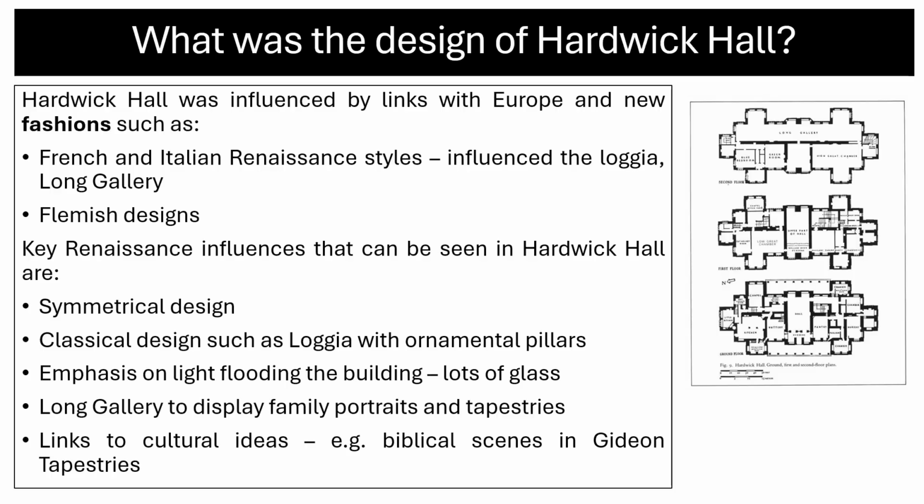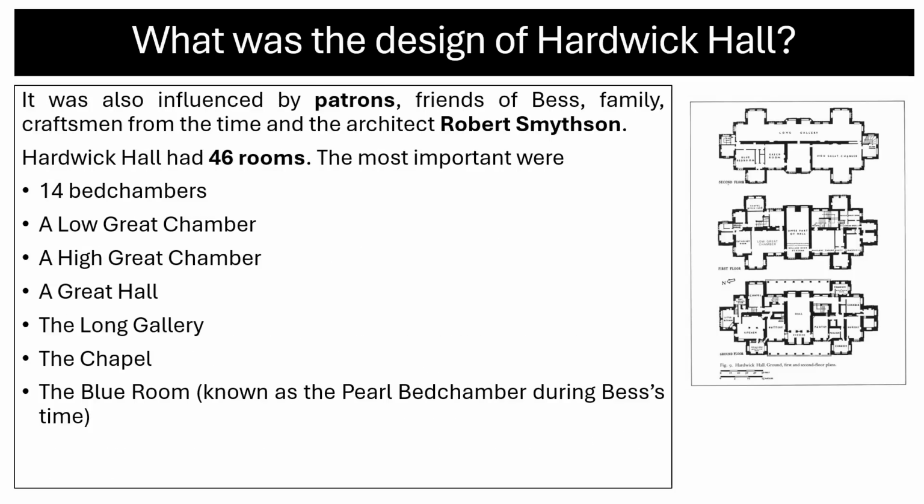For example, the Gideon tapestries, which we'll talk more about in just a moment. And of course, the design of Hardwick Hall was influenced by patrons, friends of Bess, family, craftsmen from the time, and the Renaissance architect Robert Smithson.